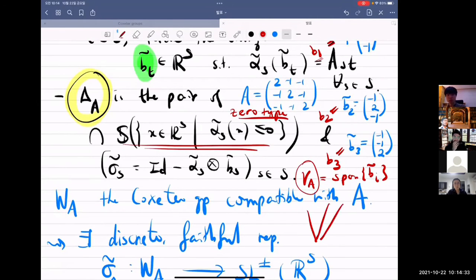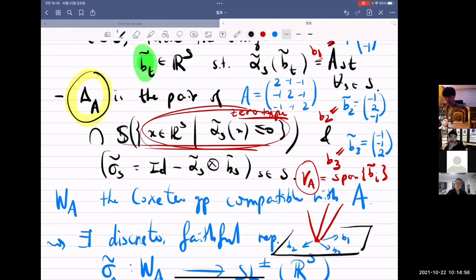This part is a cone, the simplicial cone. And these vectors v1, v2, v3 will span a two-dimensional subspace, but the intersection is simply just one vertex, just the origin.